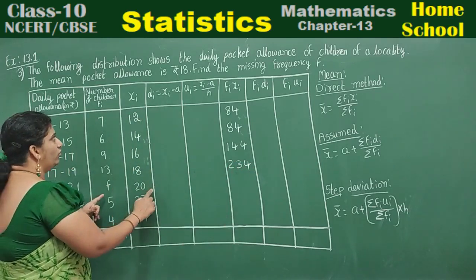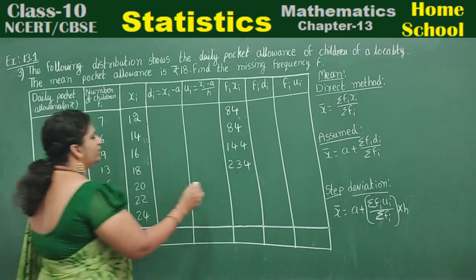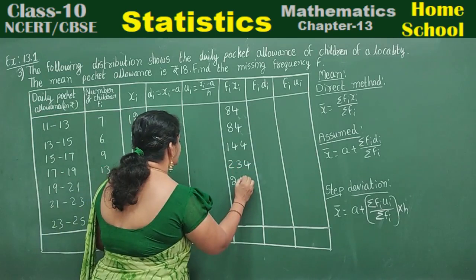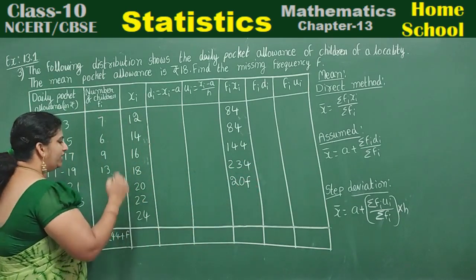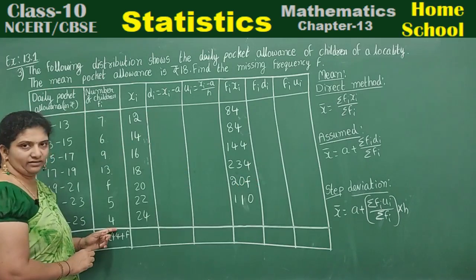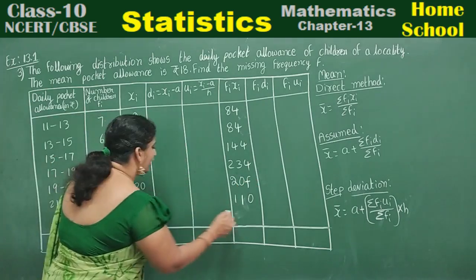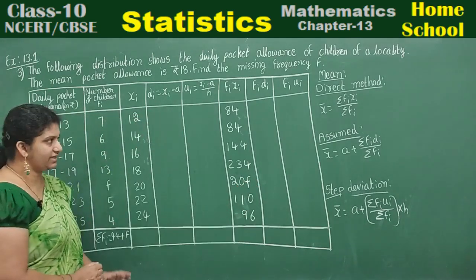F into 20, you are going to write it as 20F. 5 into 22, 110. 4 24s are 96.